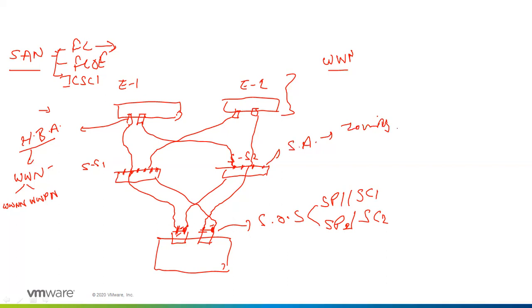Zoning means the storage administrator is just mapping all the source WWN numbers, when I say source, I mean my ESXi hosts, to the target WWN numbers. So who is the target? Targets are my storage controllers.